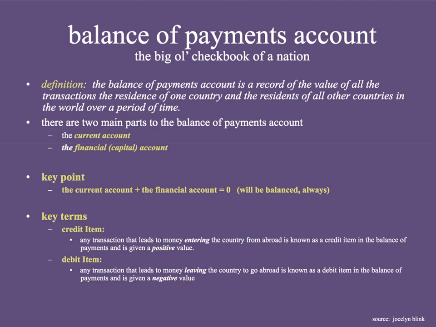So hold those things in your mind. That's a nice introduction to the whole concept of balance of payments. If you want to think about the circular flow model, it'd be a nice thing to add to this, right? We're talking about the foreign sector and the way in which a country interacts with the foreign sector being the entire world. Okay? I hope you found this video to be helpful, and we'll talk to you in a bit.